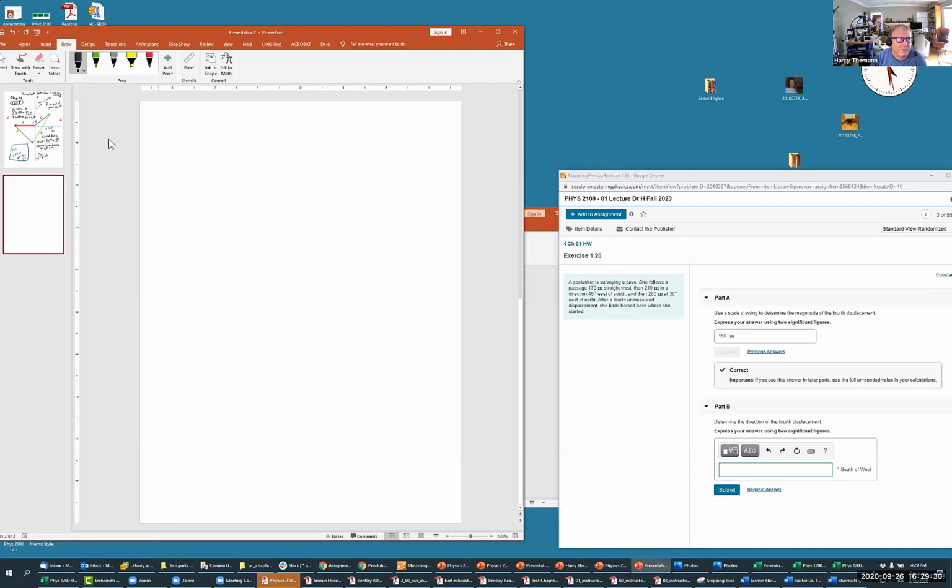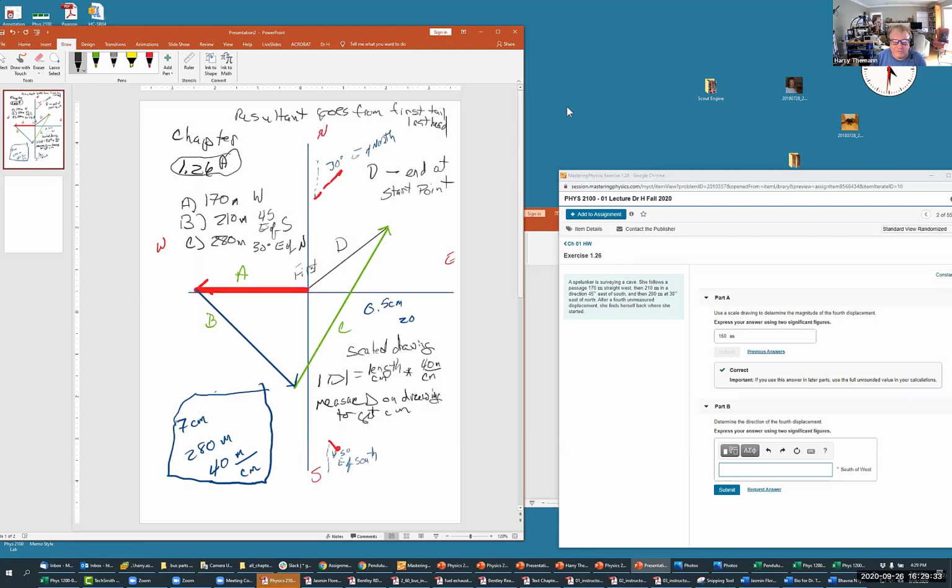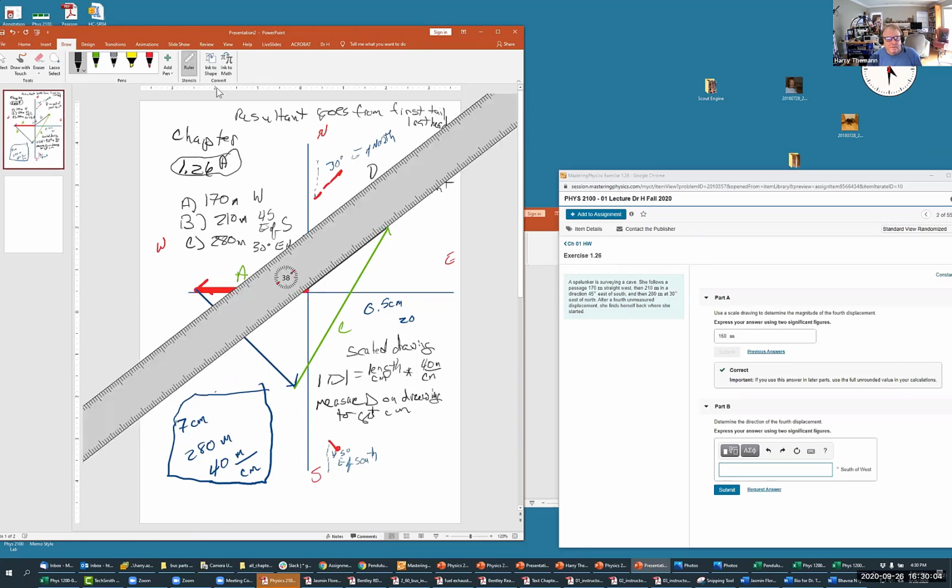Okay, so now it wants to know the direction. Okay, let's see if we can figure it out. Is there any way to shortcut it? Or do we have to grind it out? All right, I know something that we can do quickly. Let's just, oh, that's not 40.